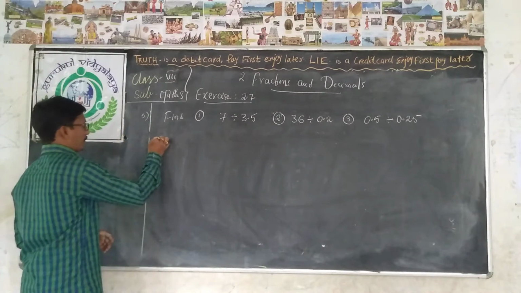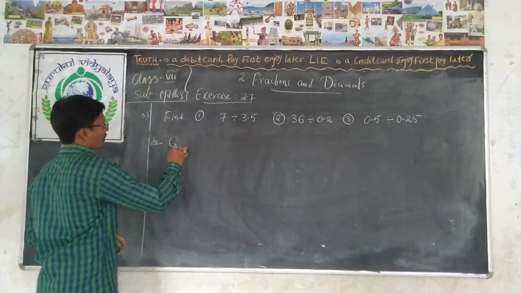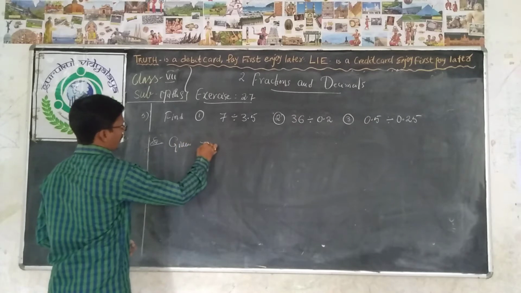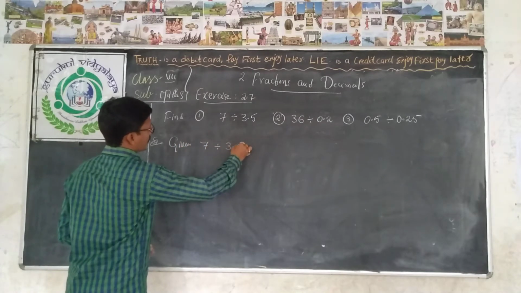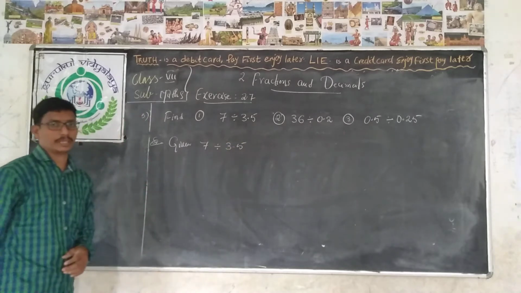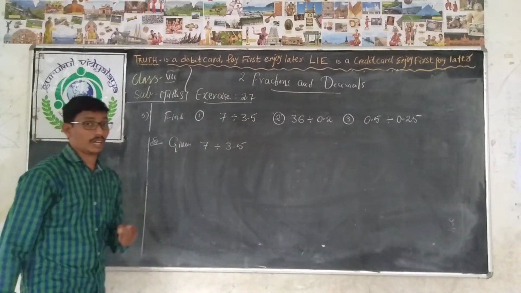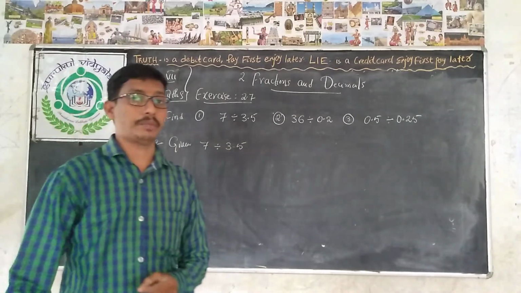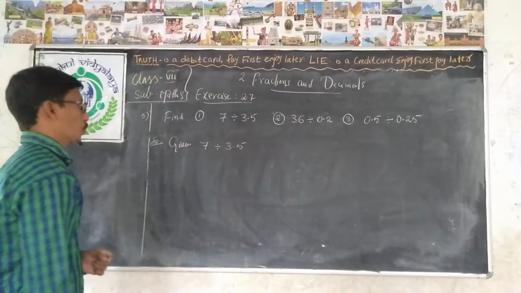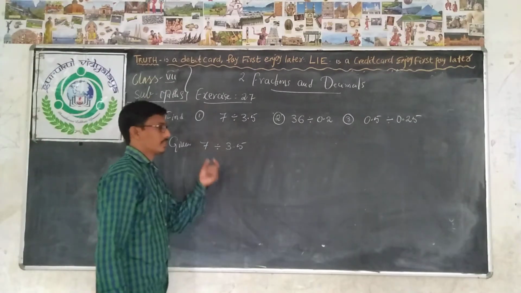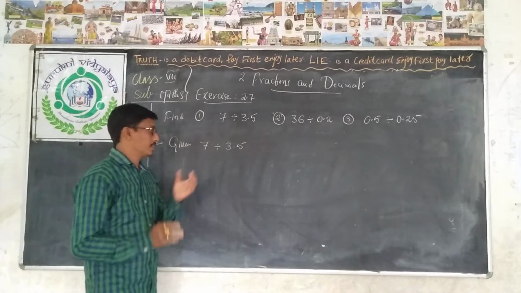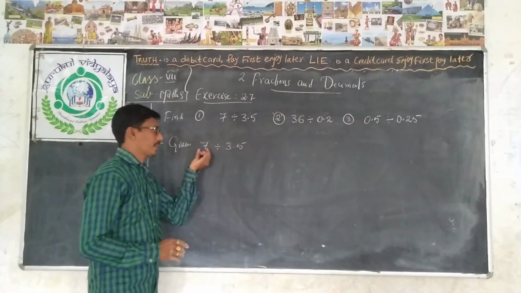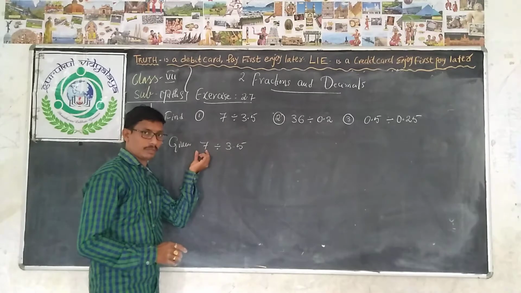So first one, what is given? 7 divided by 3.5. Okay. I already told you in previous classes, children, whenever the numbers are changed, whether it is a fractional number, a decimal number, or a natural or whole number, it is not a problem.